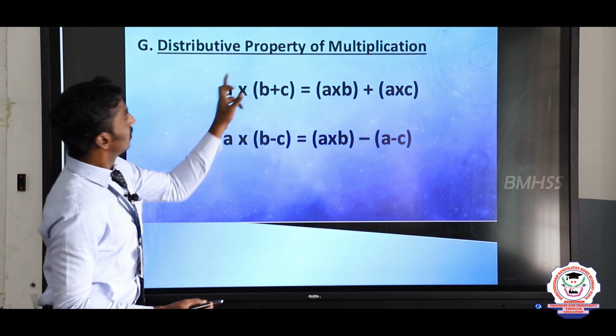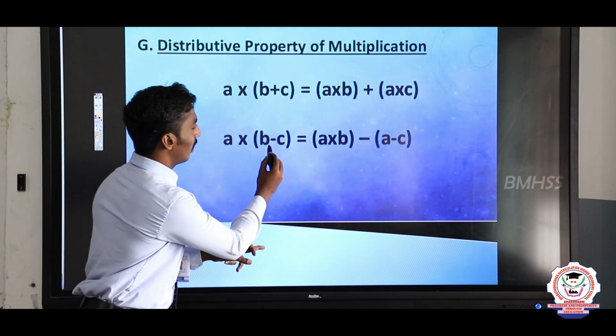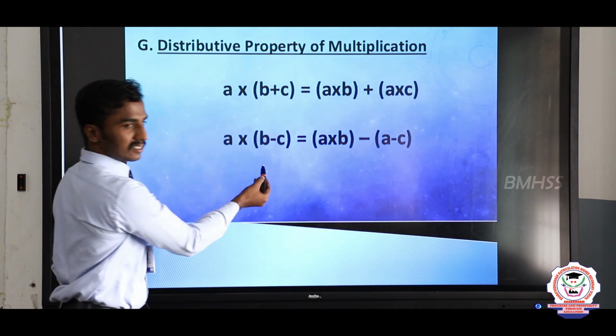Next one, distributive property of multiplication over subtraction. Here subtraction, here addition, here subtraction.